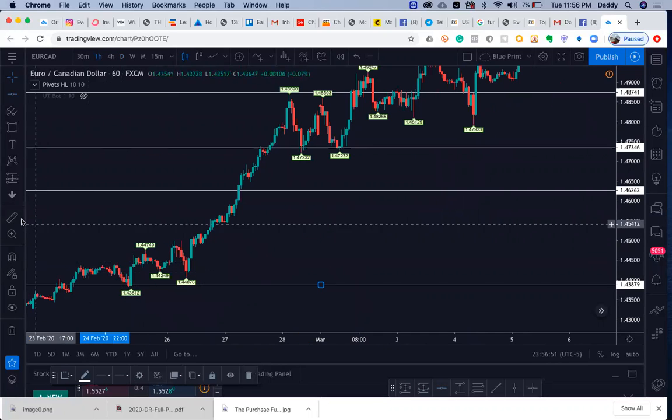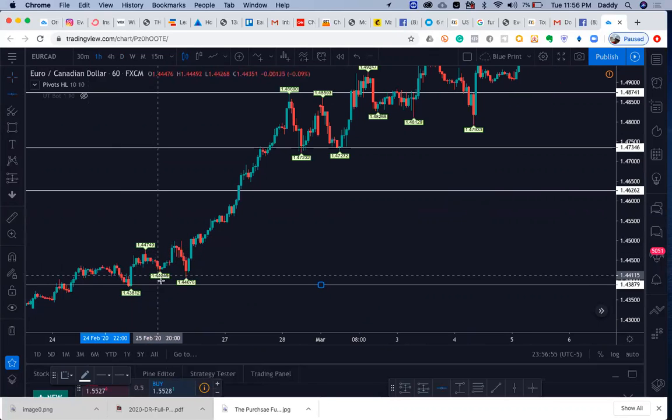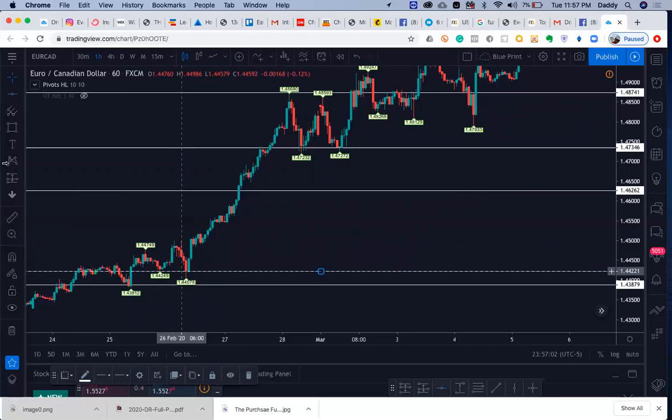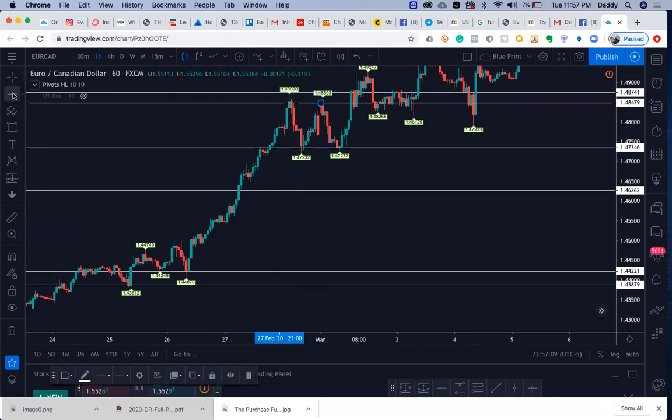So the easiest way for you to do this is that you go up, up, up, up, up. And as soon as it does that retest, put a line there. It goes up, and if it breaks, put a line there. Then follow it down, bam, put a line there. Follow it up, bam, put a line there.